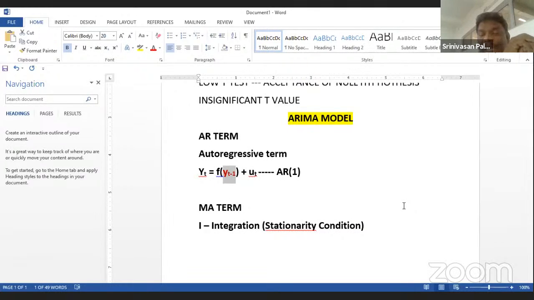We can attach not only the previous value but further lag values. The 1 is normally denoted by P. What is P here?